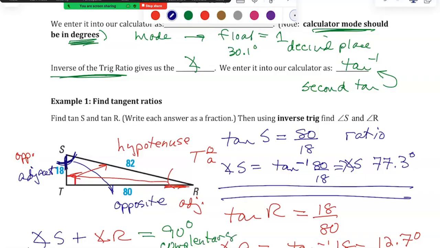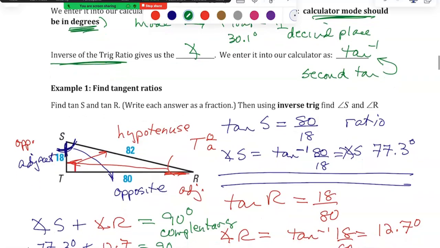So let's try this. Angle S, we knew was 77.3 degrees, plus, what's angle R? Angle R was 12.7, and if you add those two numbers together, you get 90.